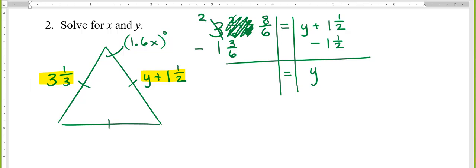What is 8/6 minus 3/6? Grace, you following me? Yes. What's 8/6 minus 3/6? What's 8 minus 3? 5. So I have 5/6 as my fraction part.